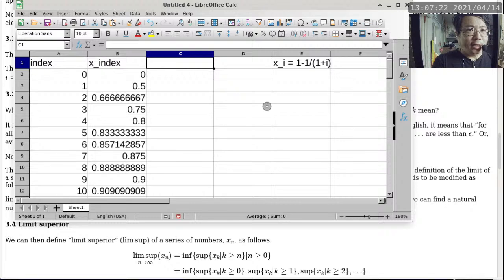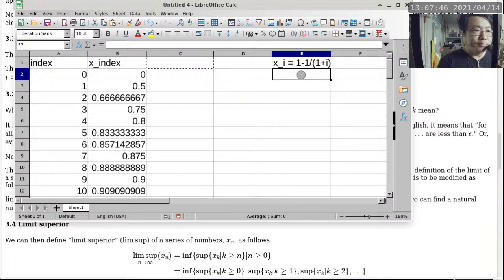I'm just defining a very specific sequence so that I can illustrate and say, what if I make this epsilon some value? Can I find an m that can satisfy that requirement? Everything at x of m, and past that point, are going to be that close to the limit, which is 1 in this case.